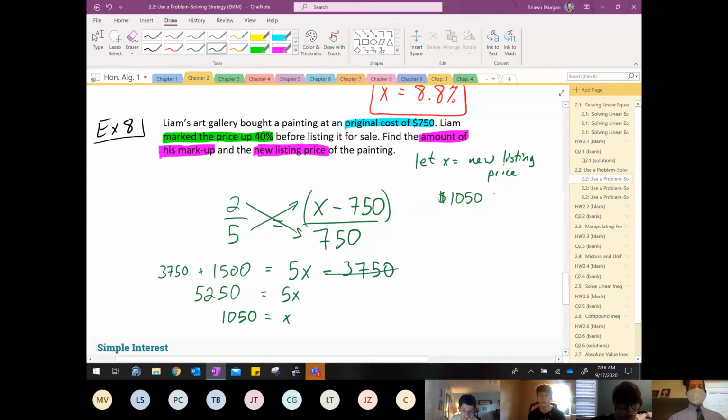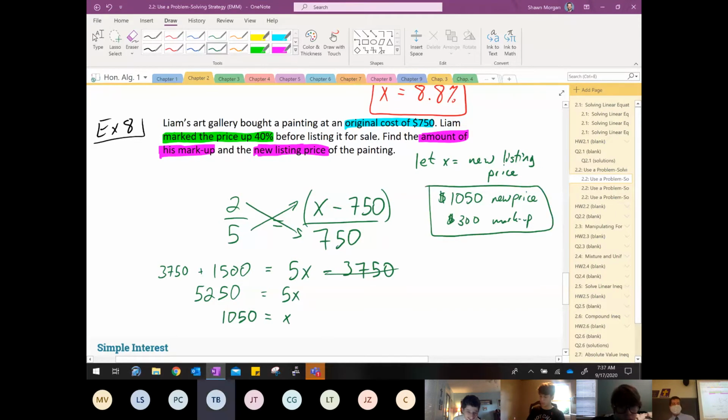All right, so 1050 is the new price, which he had marked up by $300, which was how much of a markup percent-wise? 40%. Very good. Now 300 is not 40% of 1050. What is 300 40% of? 750. Good, the original amount.